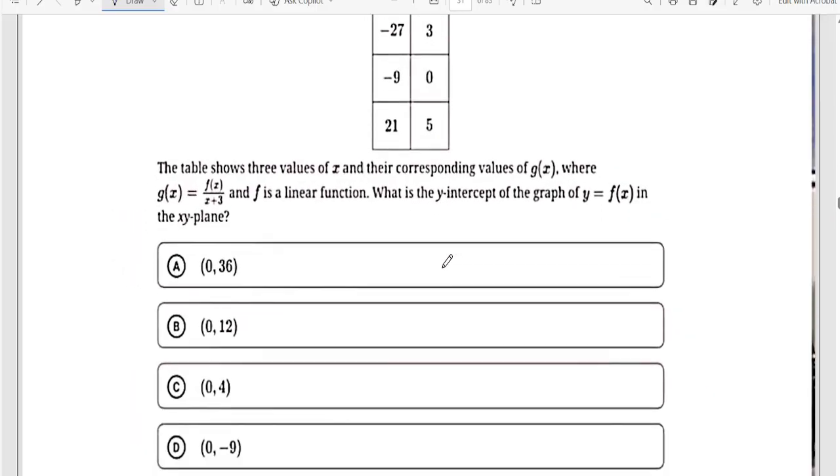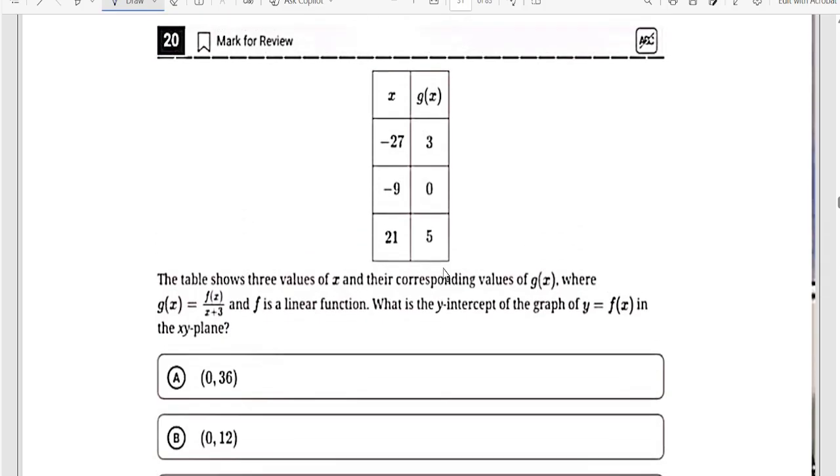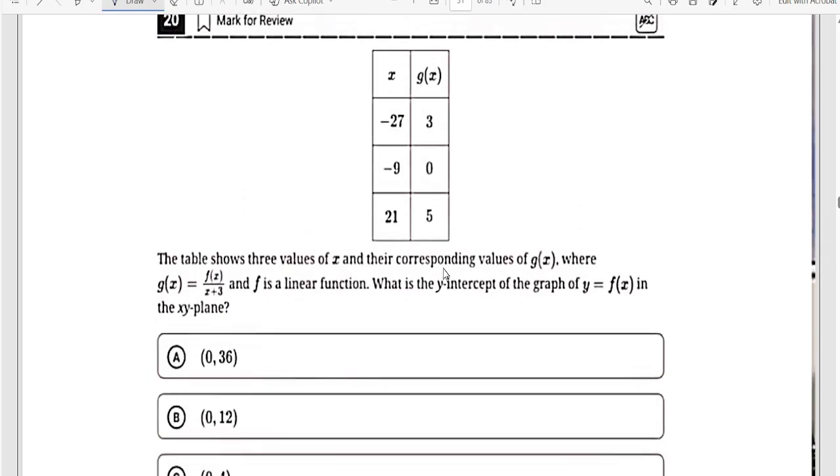What is the y-intercept of the graph? Okay, so if f(x) is a linear function, that means we can write it in slope intercept form. So f(x) can be written as mx plus b. This is slope intercept form, right? Where m is the slope and b is the y-intercept.